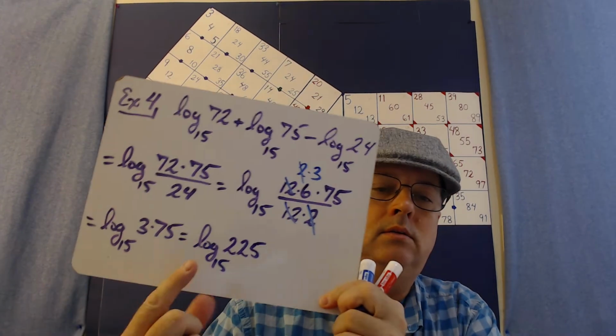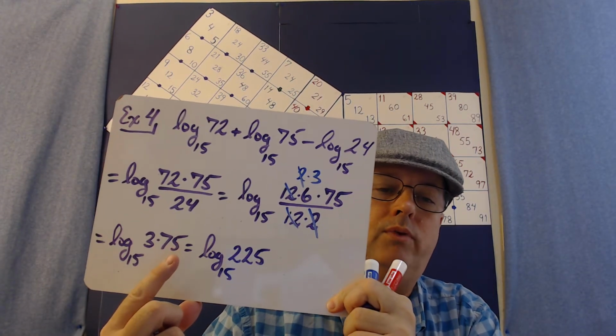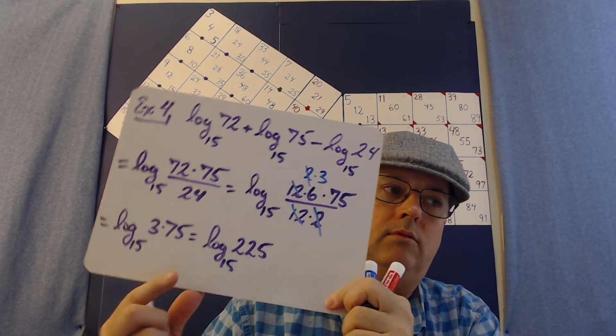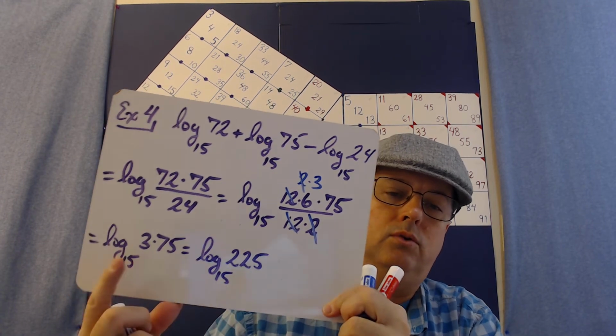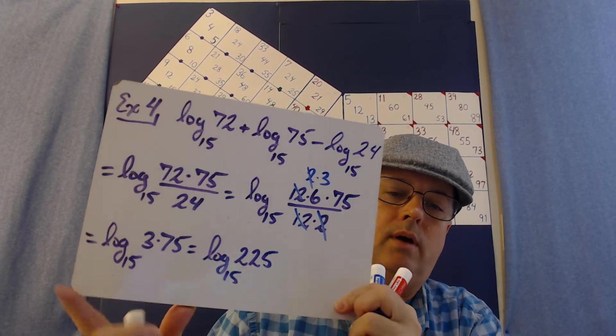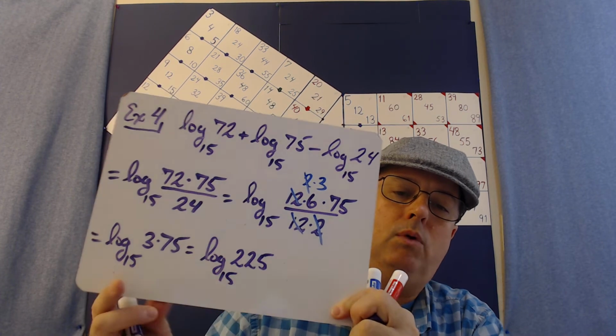Okay, 75 and 75 is 150, and then another 75 will give us 225. So 3 times 75 is 225. And so 15 to what power is 225? Well, that's the second power, isn't that true? 15 to the second is 225. Okay.